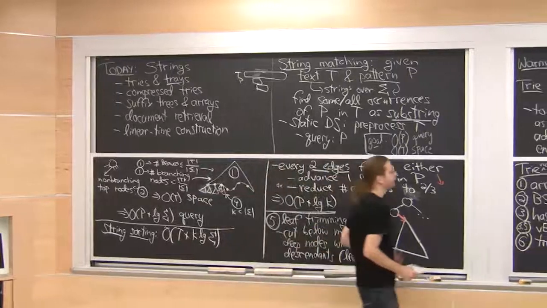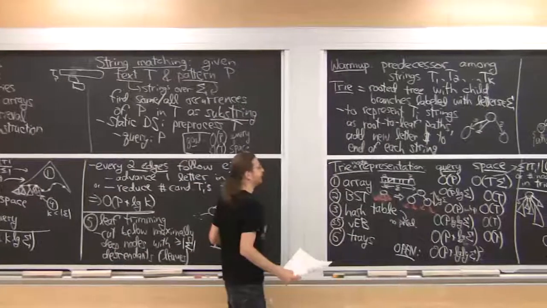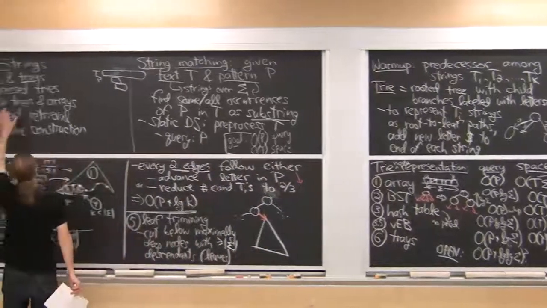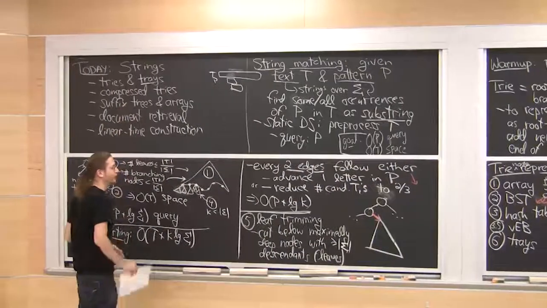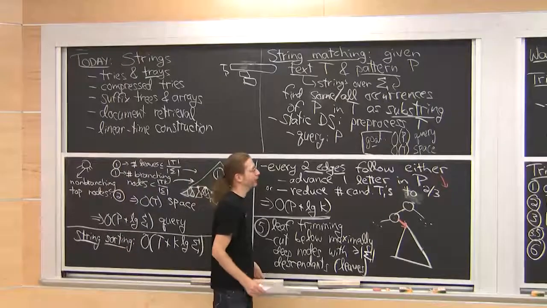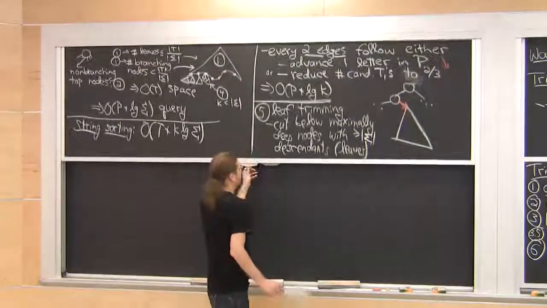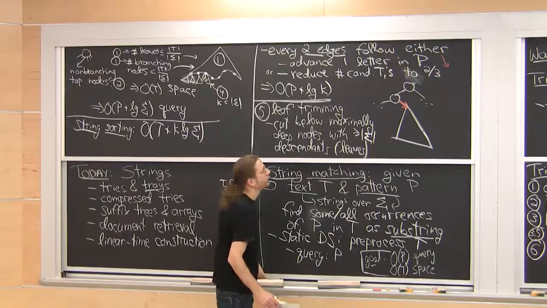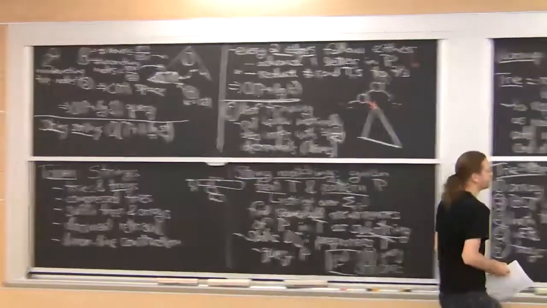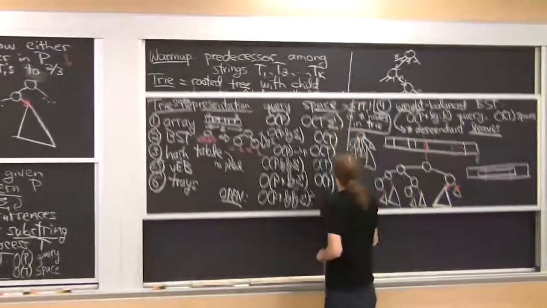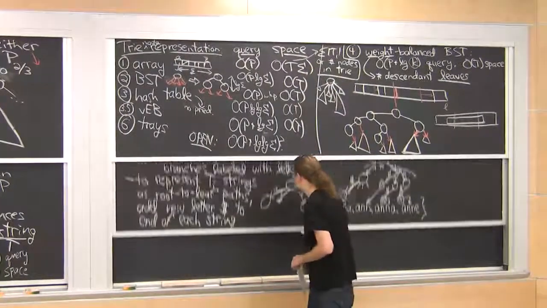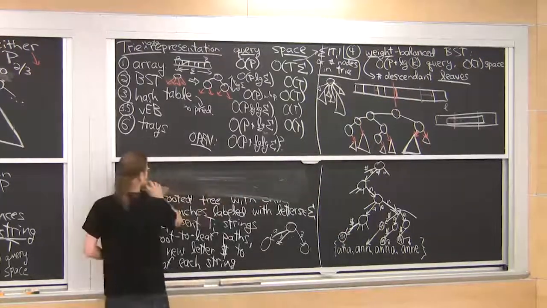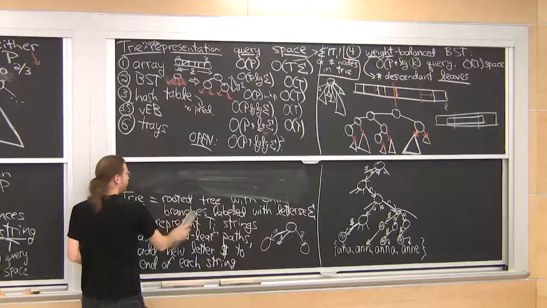All right. Tries by themselves, though, this is about all there is to say. So let's move on to suffix trees and compressed tries. Now, we actually did compressed tries in the signature sort lecture. So in tries, branches were labeled with letters.